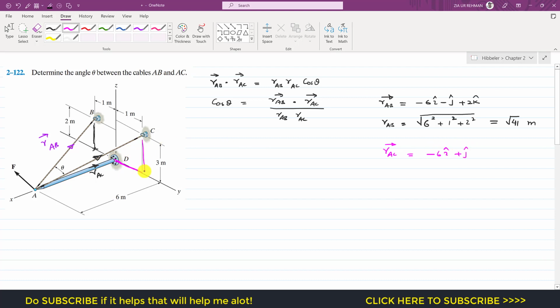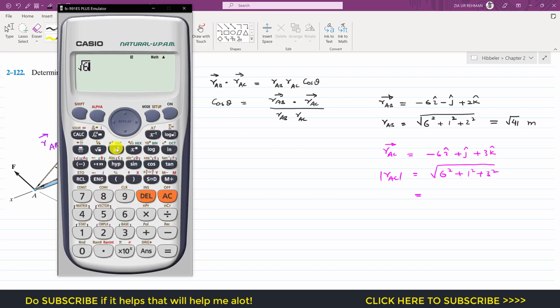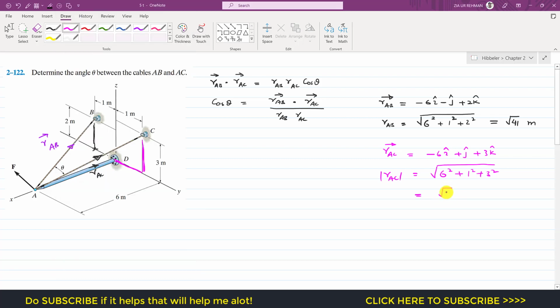And then 3 meters in the positive k, so I will write plus 3k. Its magnitude will be, again we take the squares, 6 squared plus 1 squared plus 3 squared, and then take the square root. So this is square root 46 meters.